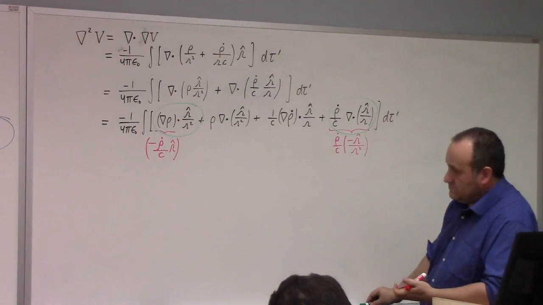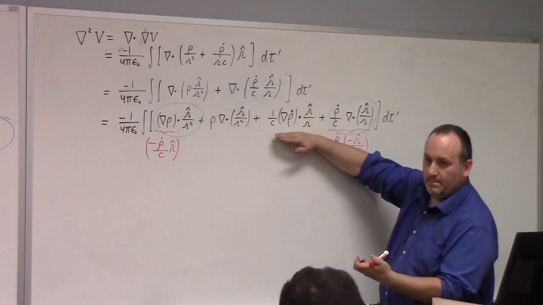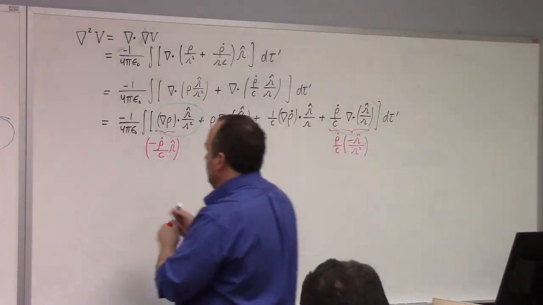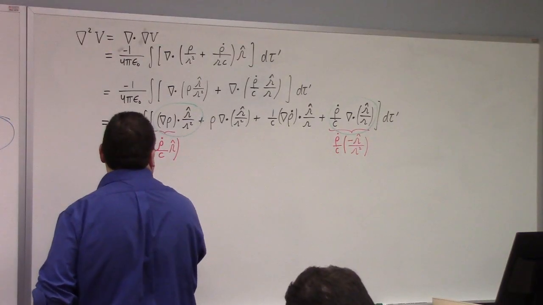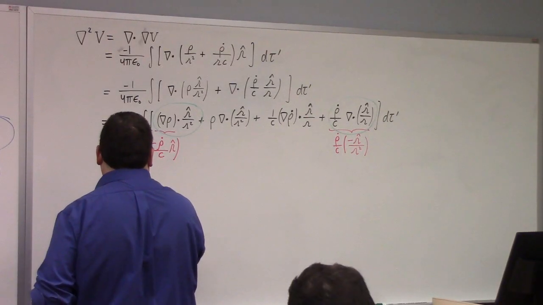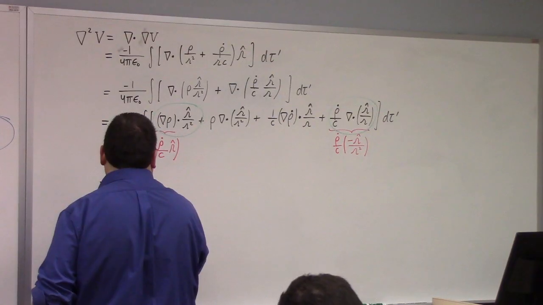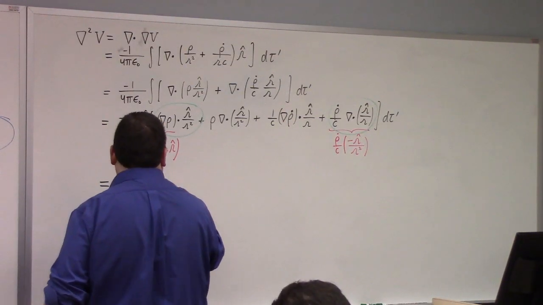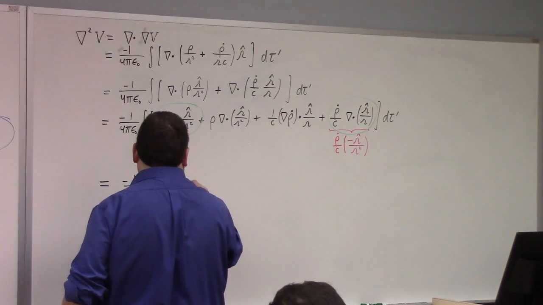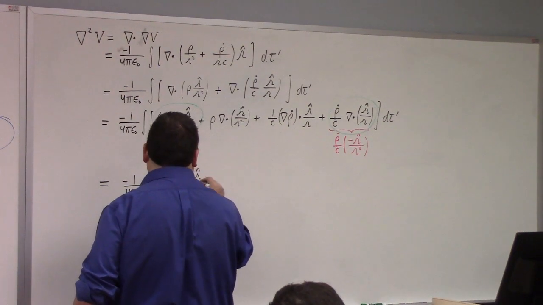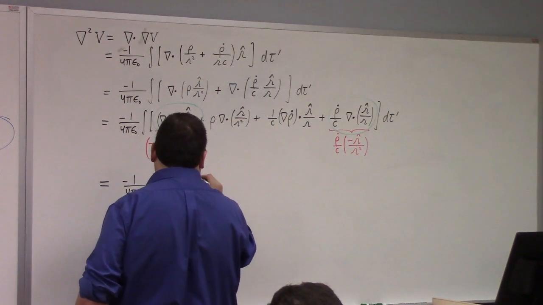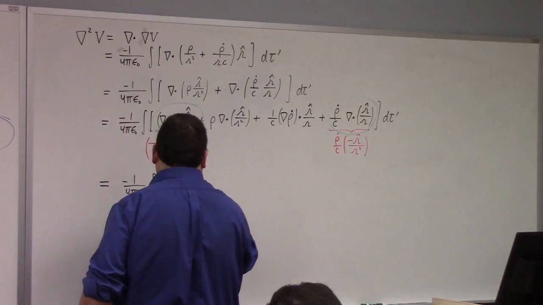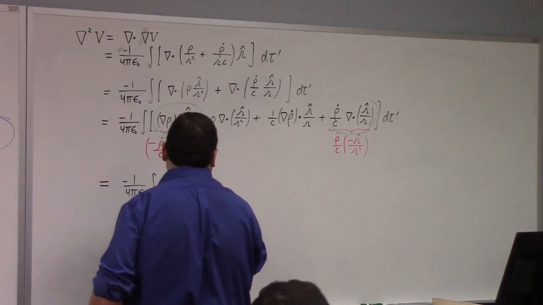Now, this one here, by an argument similar to the one I already made, I've got minus 1 over 4 pi epsilon naught, the integral of rho times the divergence of script r hat over script r squared.